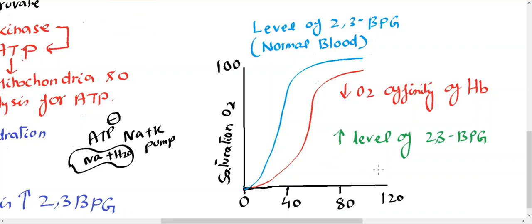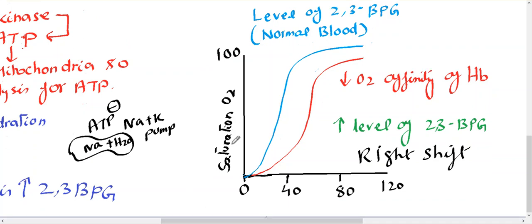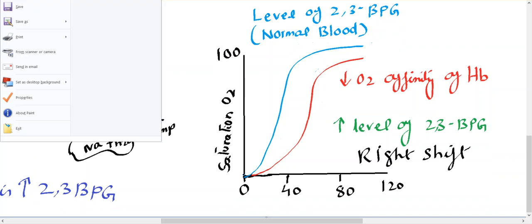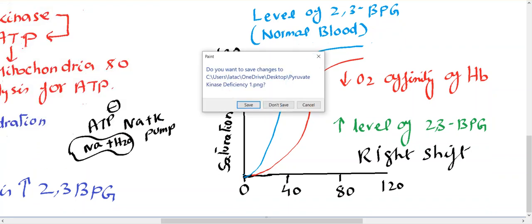So increased 2,3-BPG leads to a right shift of the oxygen hemoglobin dissociation curve. That's an important thing you should know. And in the next slide I'm going to talk about the signs and symptoms.